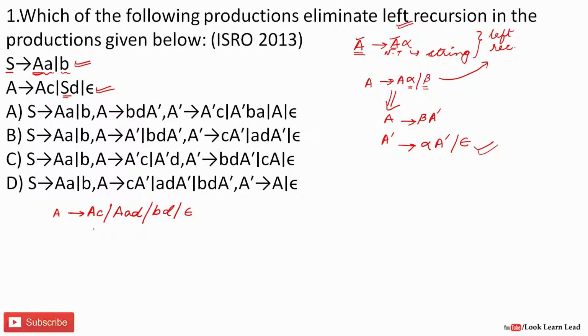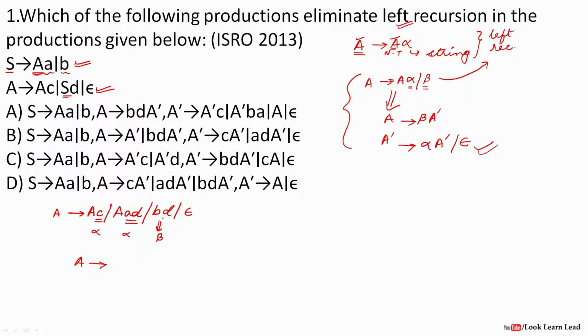Now see how. From this example, we would be comparing it. This is beta, and this AD and this C, this is alpha. So now let's see how I'm writing it. First I would be writing A implies beta A dash.